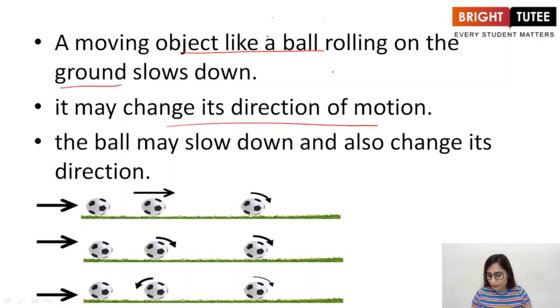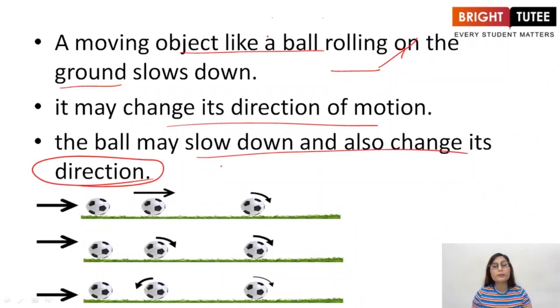For example, you kick a ball and it moves in this direction, and then it changes its course, or basically its direction, completely. The ball may slow down and also change its direction. Maybe both things may happen. These are some possibilities that may happen when you are playing with the ball.